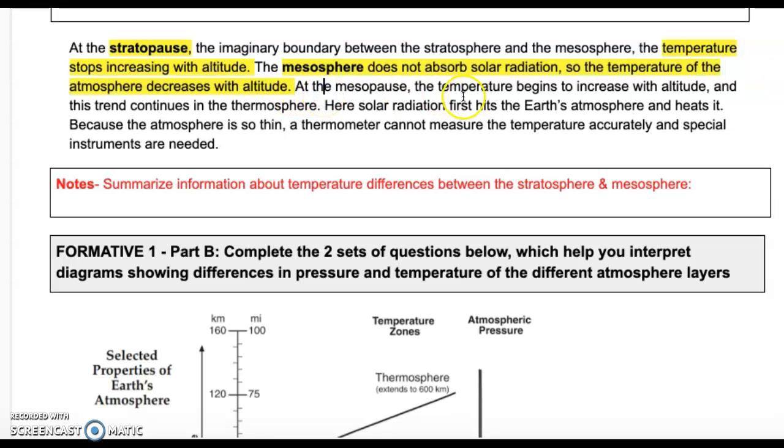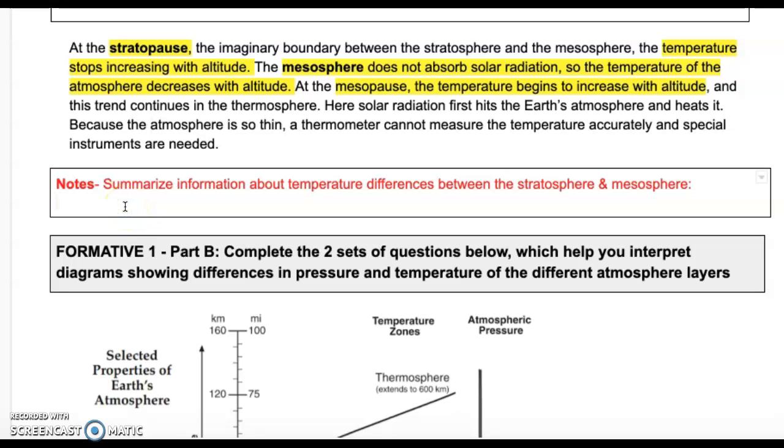At the mesopause, the temperature begins to increase with altitude. And this trend continues in the thermosphere. Here, solar radiation first hits the Earth's atmosphere and starts to heat it. Because the atmosphere is so thin, a thermometer cannot measure the temperature accurately, and special instruments are needed.